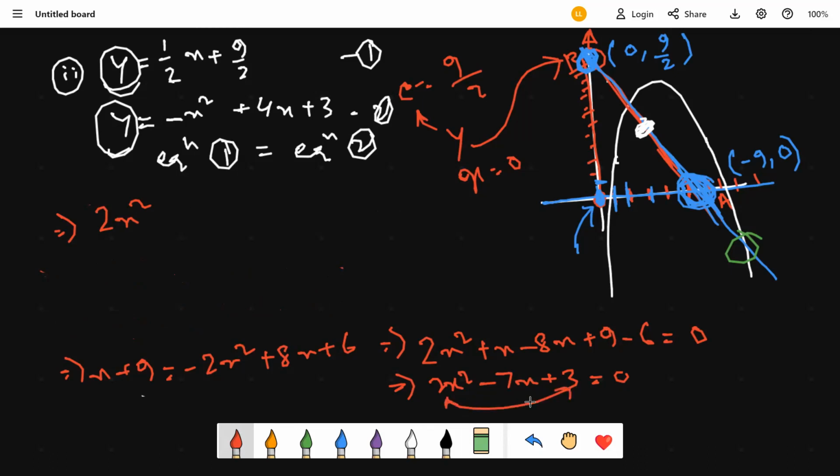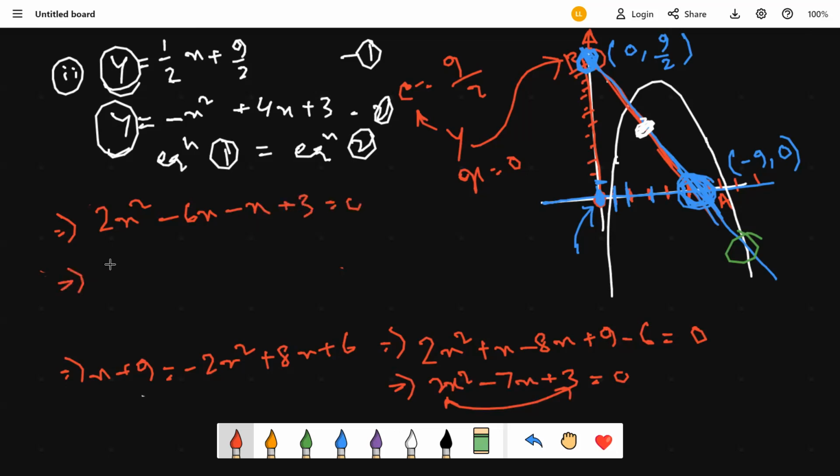So we can do this, minus 6x minus x, because negative 6 times negative 1 gives positive 6, and we have 2 times 3 as 6. Also negative 6x minus x gives us negative 7x plus 3 equals 0.